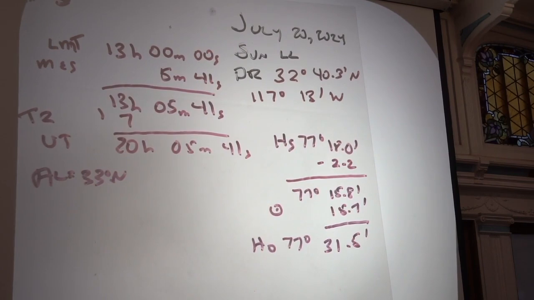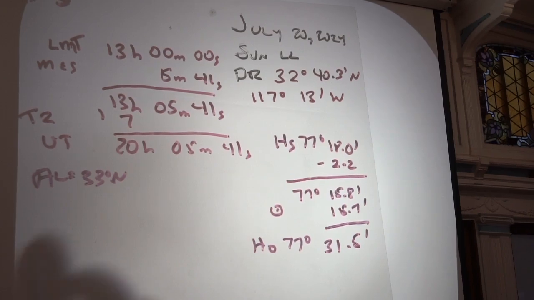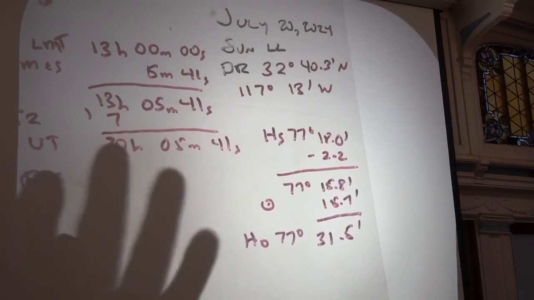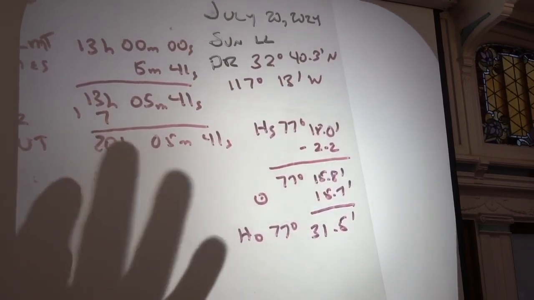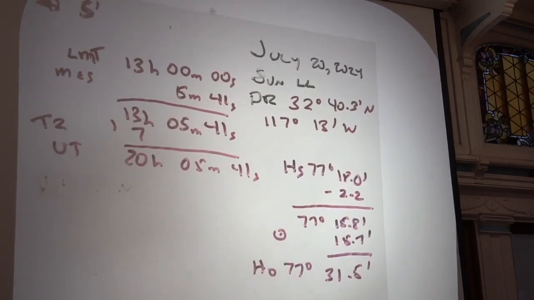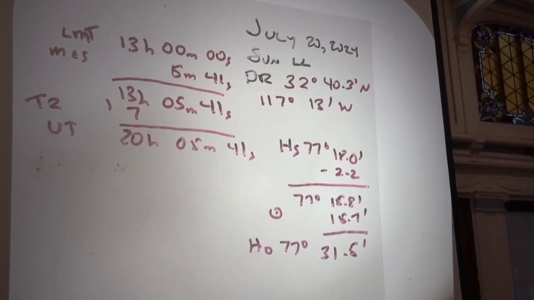So assumed latitude 33 degrees north. Actually, sorry, it's late. Forget what I just said. I jumped ahead of things here. We're correcting the sextant. Now we have to find the position of the sun, don't we? Sorry about that. I got ahead of myself.